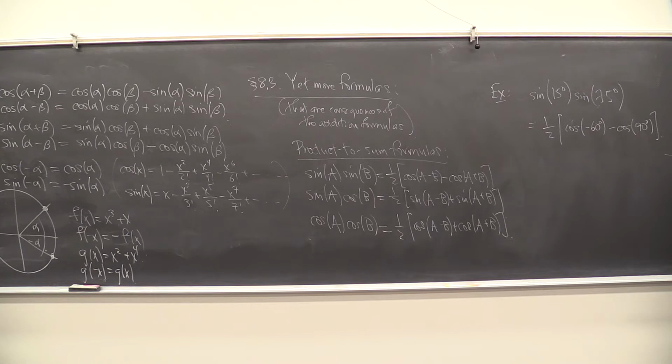Does anybody know the cosine of negative 60 degrees? Can you remember it? 60 degrees is pi over 3 radians, so this is the cosine of negative pi over 3.